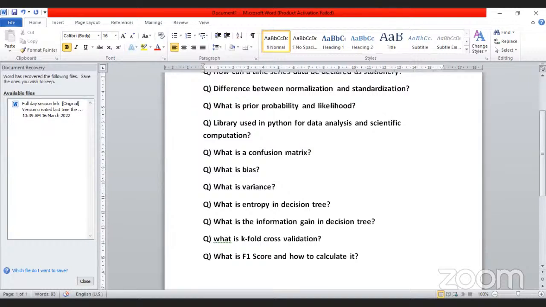But if the F1 score is less than 1 or equal to 0, then the precision and recall are less accurate, or we can consider it completely inaccurate. The formula for the F1 score is precision into recall divided by precision plus recall, into 2. Is it clear, what is the F1 score then?